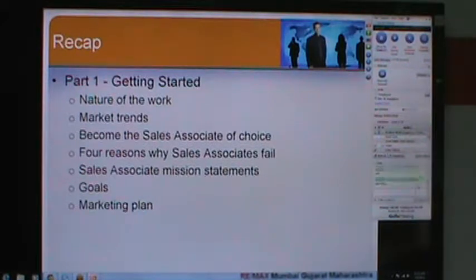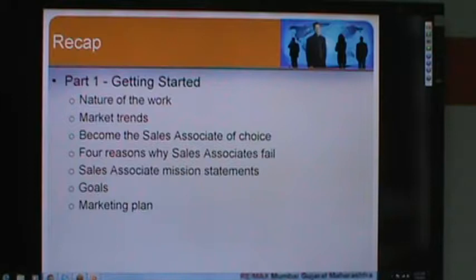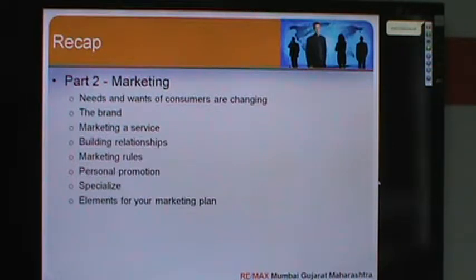Moving on to the next chapter, which was part 2, marketing, where we understood that the needs and wants of consumers are changing, the importance of the brand, how to market your service, building relationships, a few marketing rules, how to promote yourself and become a specialized person of some area or some kind of property, and what should be the elements of your marketing plan.